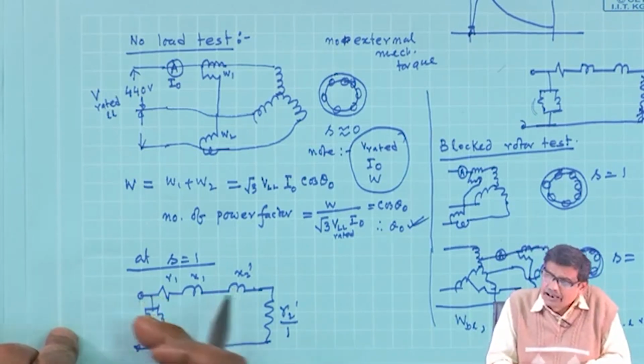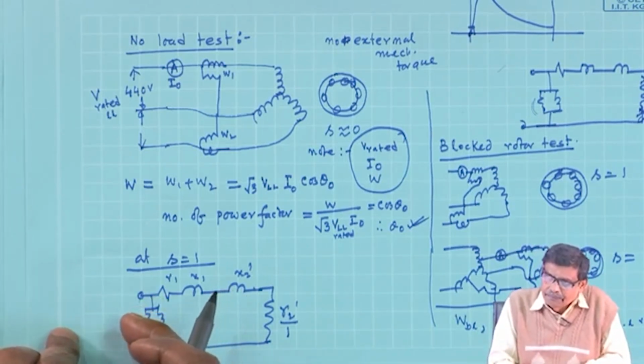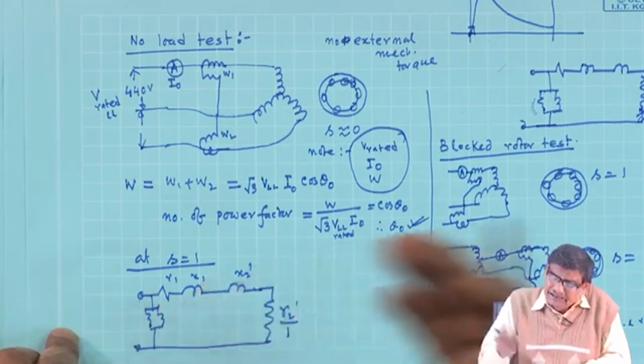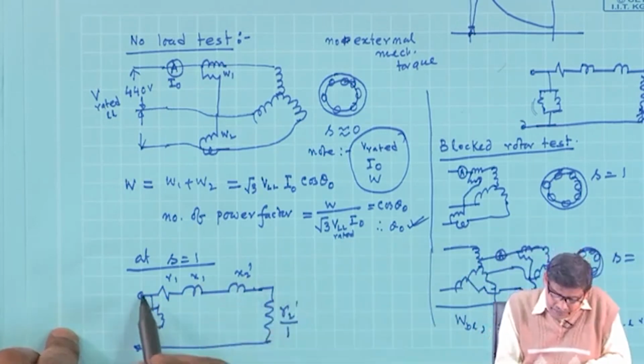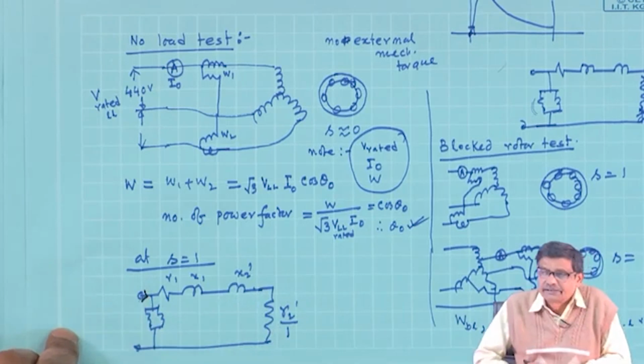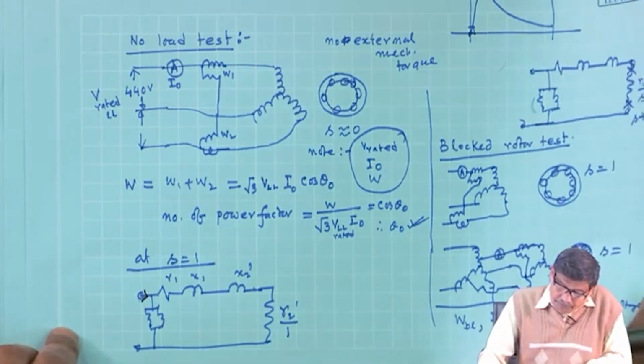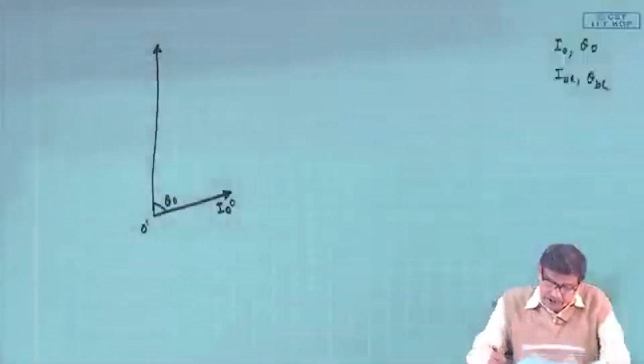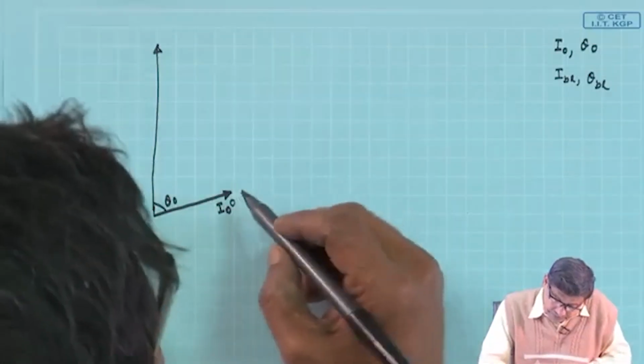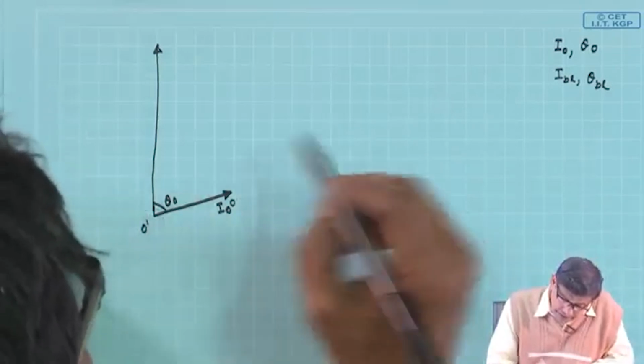Therefore, this branch can be neglected, or even if it is there, I have recorded this current in any case I 1. So, from that I will calculate this current I 1.